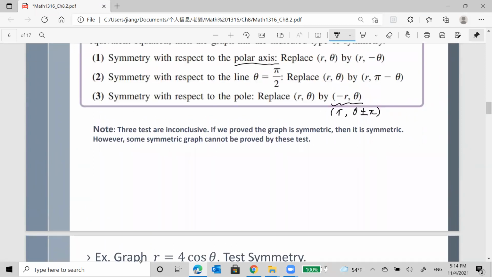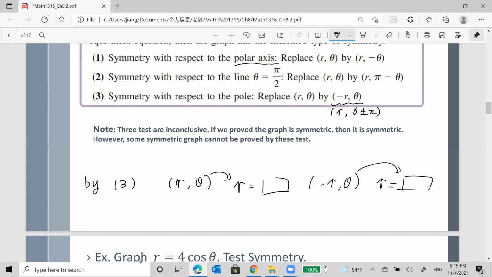So for example, number 3, if we plug r, theta into the original equation, for example r equals something, and then I plug the negative r, theta into that equation, and this one is not equal to this one, that means the test is inconclusive.